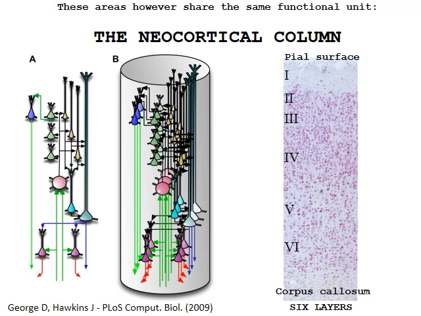However, despite their functional differences, all neocortical areas share the same functional unit, that is the neocortical column. A column can be divided into 6 layers, numbered 1 to 6 from the pial surface to the corpus callosum.